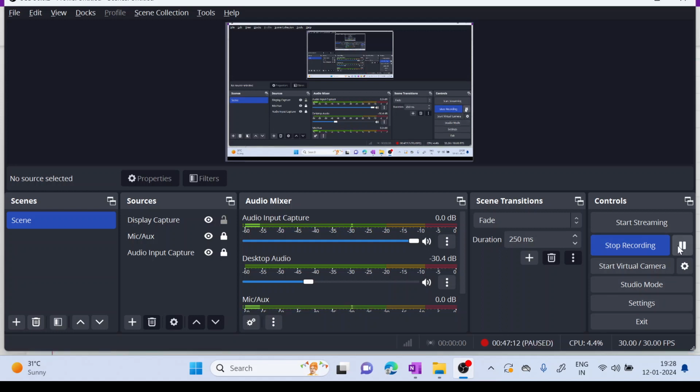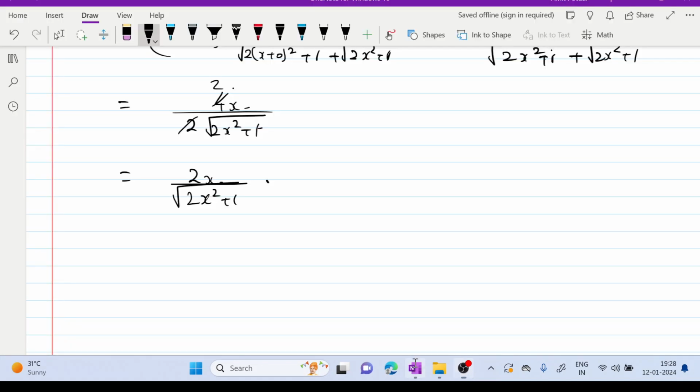Another break. Okay. The next problem, and that is y is equal to e raised to minus x. So y is equal to e raised to minus x. So that is your f of x.